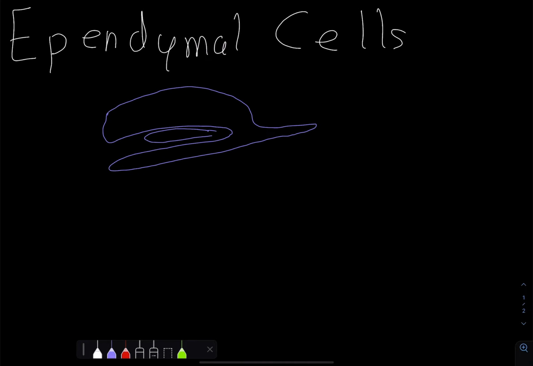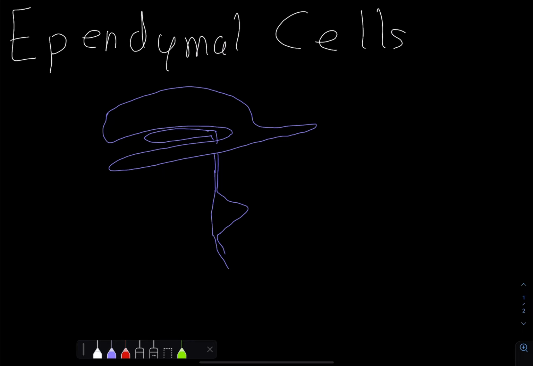Okay, so fluid-filled spaces in the brain, and their main job is cerebrospinal fluid, which you may have heard of, is going to be traveling through these, and then it goes down into the spinal cord. And so, have you ever heard of a lumbar puncture?